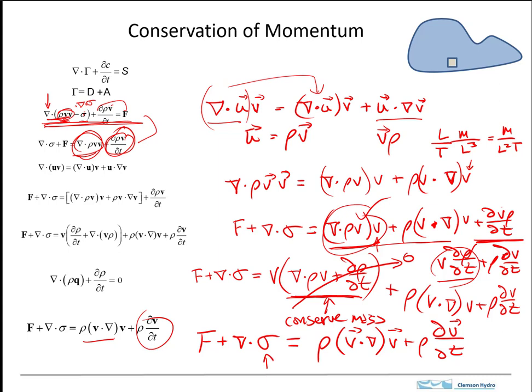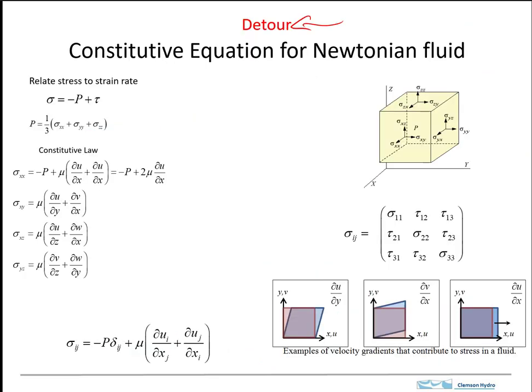And the stresses that occur in the fluid are going to depend on how the fluid behaves. And the description of how the fluid behaves is given by the constitutive equation. So the simplest kind of fluid that we can deal with at this point is called a Newtonian fluid, and we can think about that.